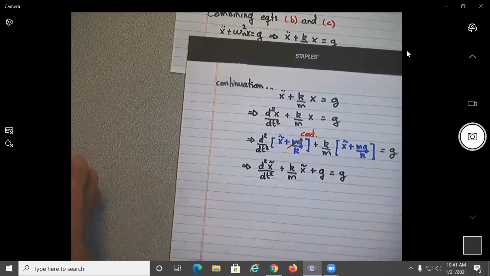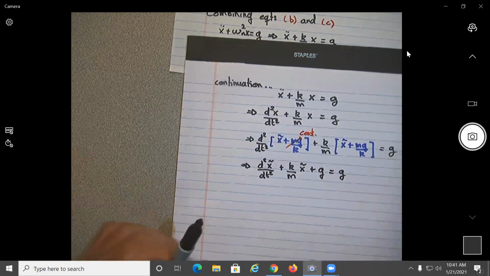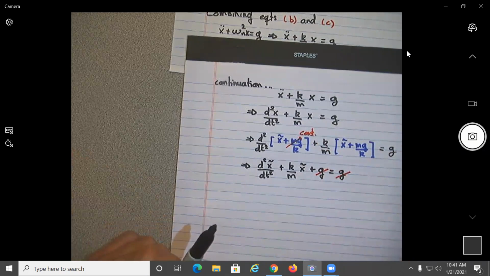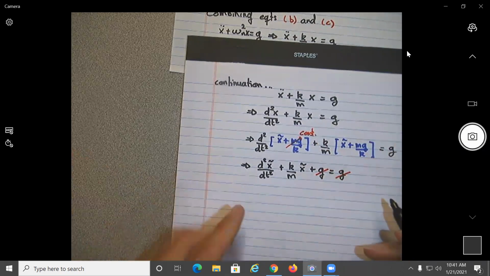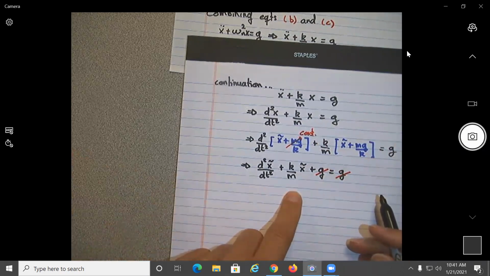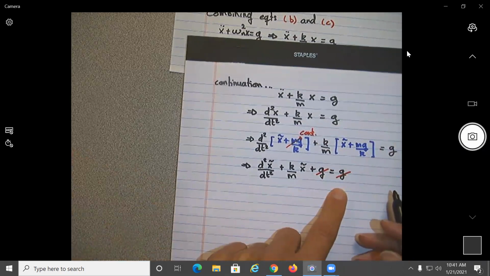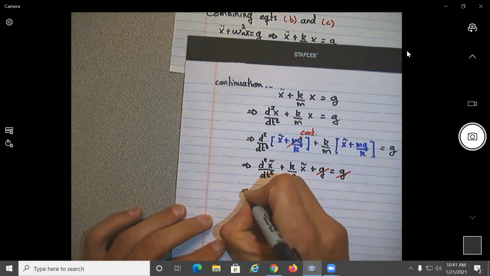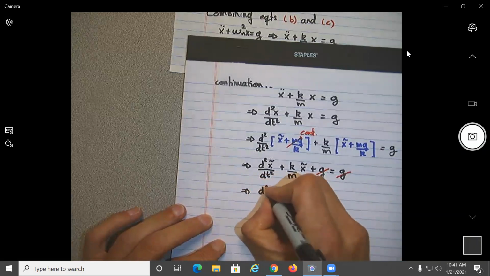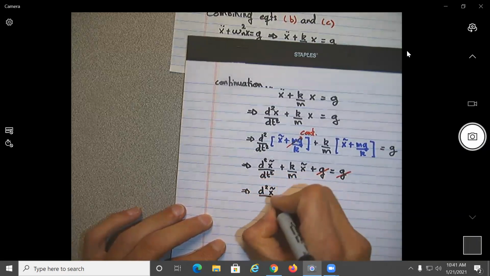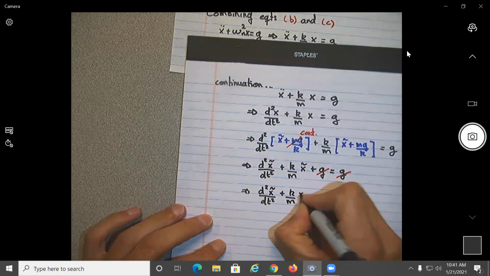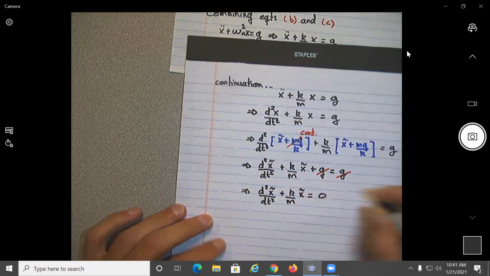So now you see what is going to happen is that these two g are going to cancel, and we end up again with the equation of motion, but this time the right hand side will be 0, so the equation will be homogeneous. So we get the second derivative of x wiggly dt squared plus k over m x wiggly equal to 0.